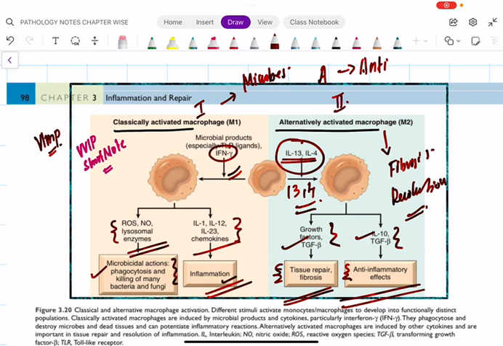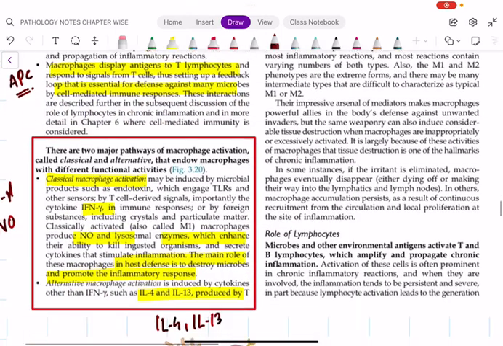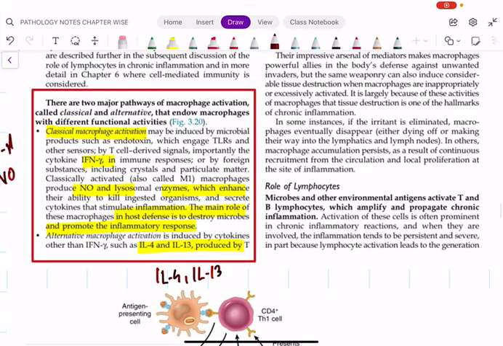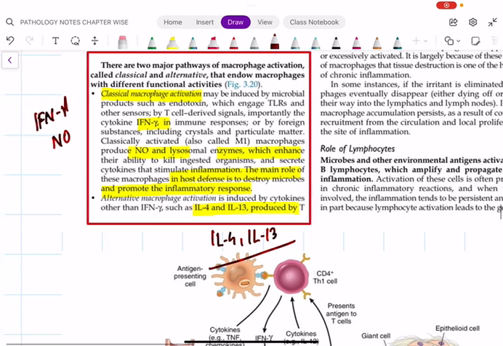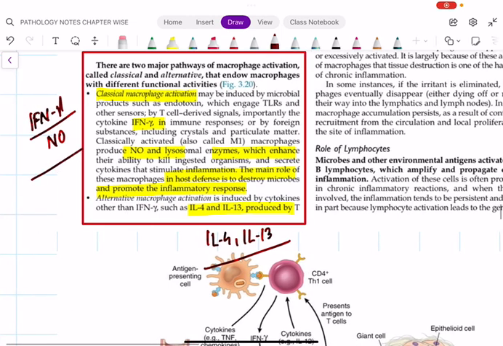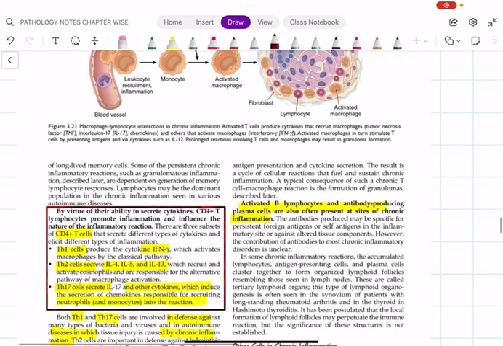Whereas interferon gamma means classical activation, that is microbicidal action, as well as promoting inflammation. So this is what they have discussed here. The two pathways can be asked as a potential short-note question. See, interleukin 4 and 13, interferon gamma, and nitric oxide production. I hope things are very clear for you.